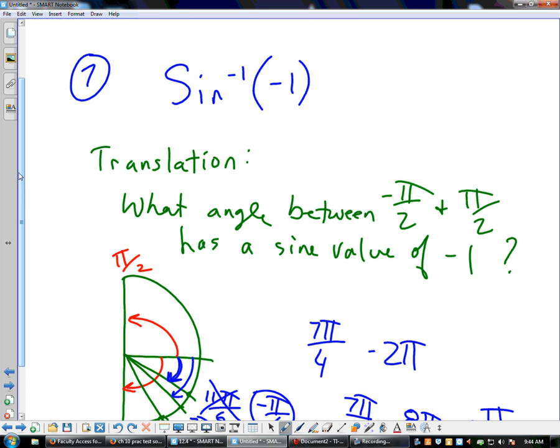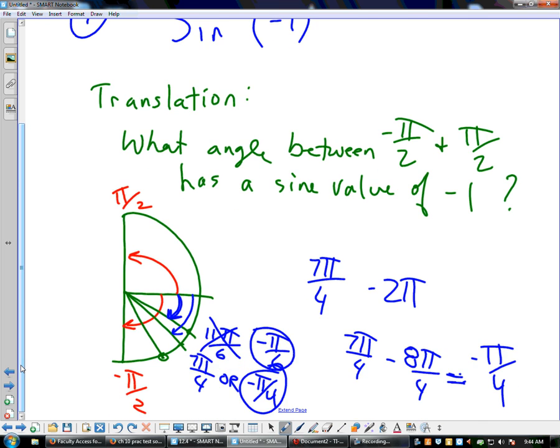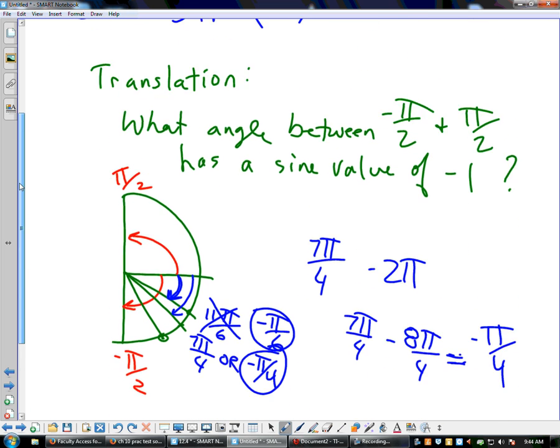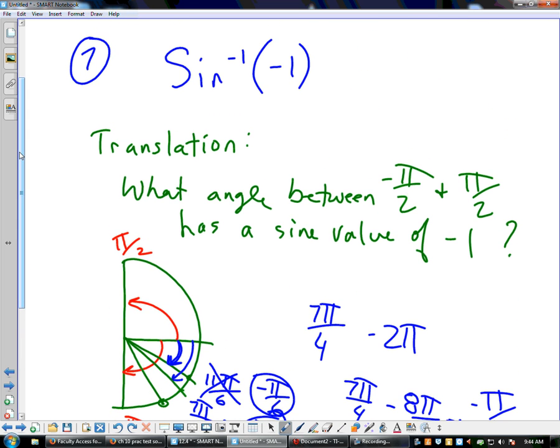Jenna? Yes. So we always use the right side of the circle, which means, but on our unit circle, on the bottom, it doesn't say negative pi over 2, it says 3 pi over 2. Correct. But again, when you're answering a question like what's the sine inverse of negative 1, you're looking where on the right half of the circle your y coordinate is equal to negative 1.